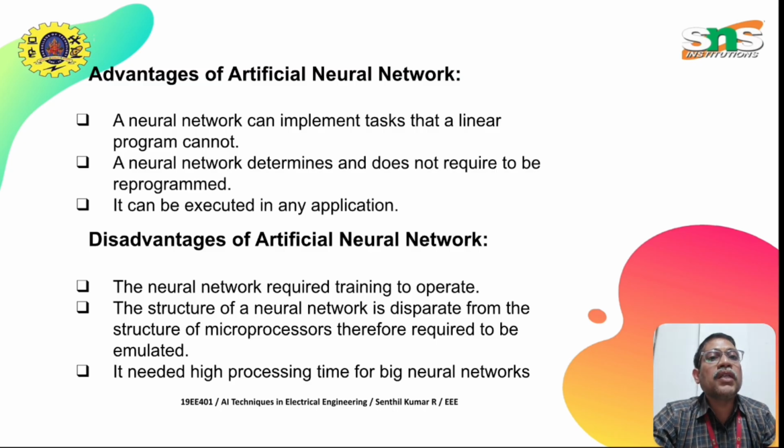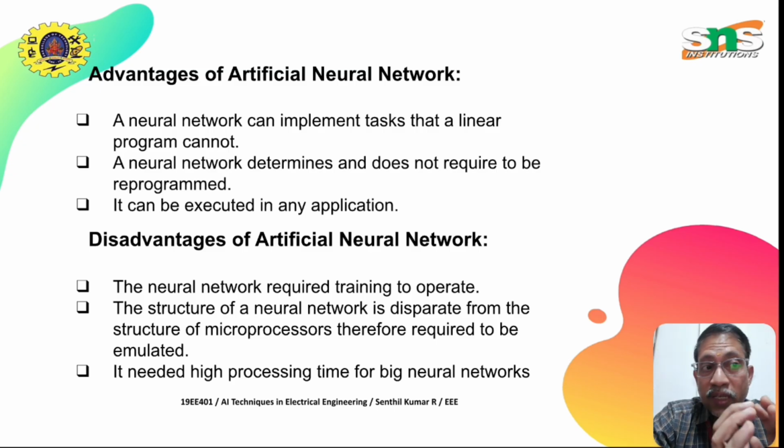Whereas the disadvantage is that in order to operate this, training is required. And the structure of the neural network is separate from the structure of microprocessors, which are already studied by electrical engineering persons.